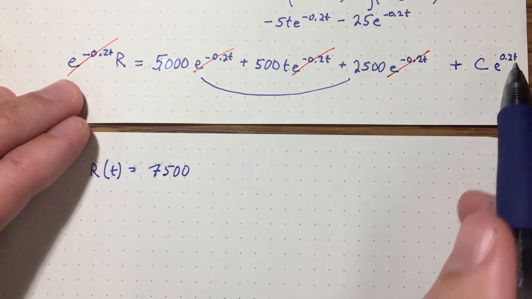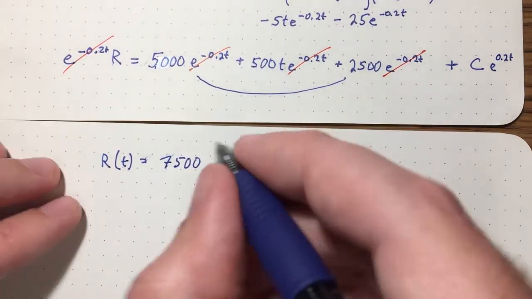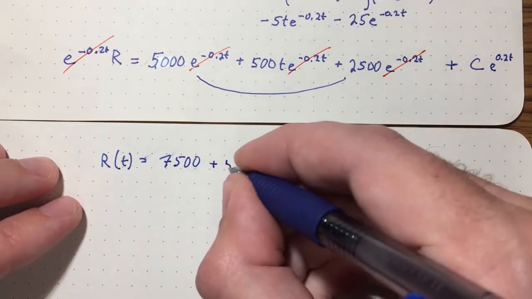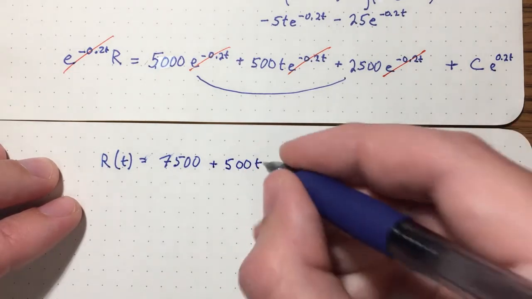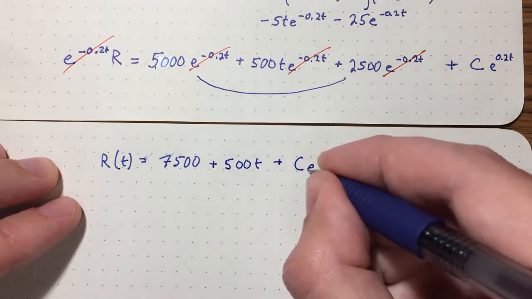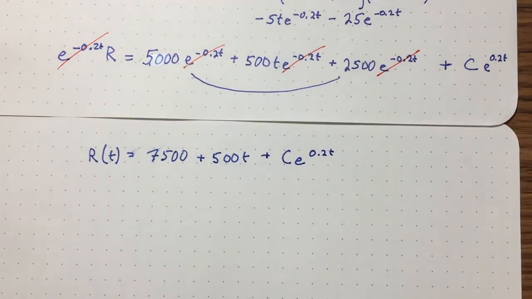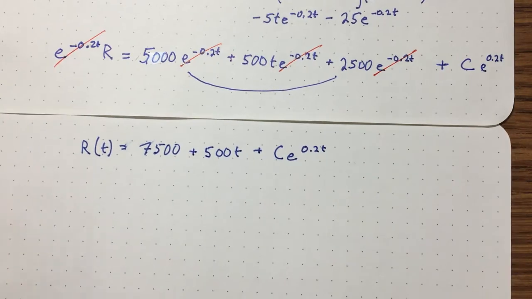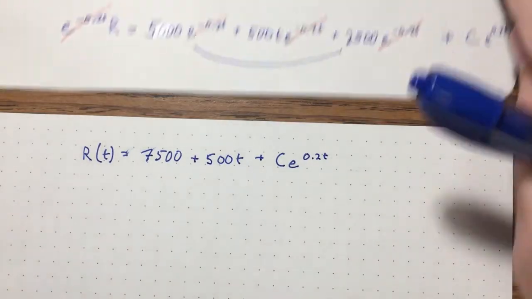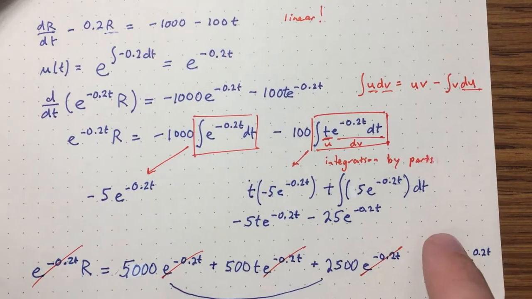Now I'll cancel all of these out, except that c will appear over there. So we have 7,500 plus 500t plus c times e to the 0.2t. And that is our function, r of t.